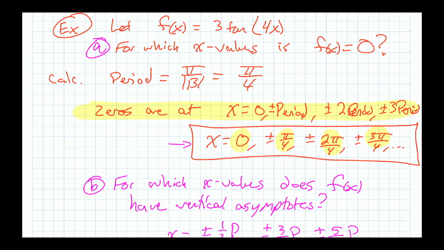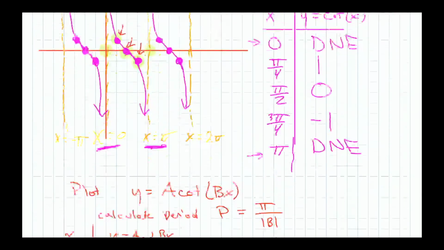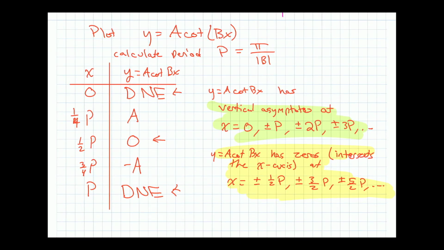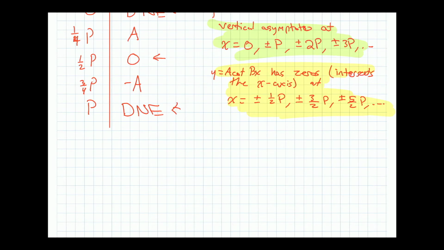So a tangent had zeros at 0, plus or minus period, etc. Well, that's where the cotangent has vertical asymptotes. So they're reversed in terms of where they have vertical asymptotes and where they have zeros. Okay.